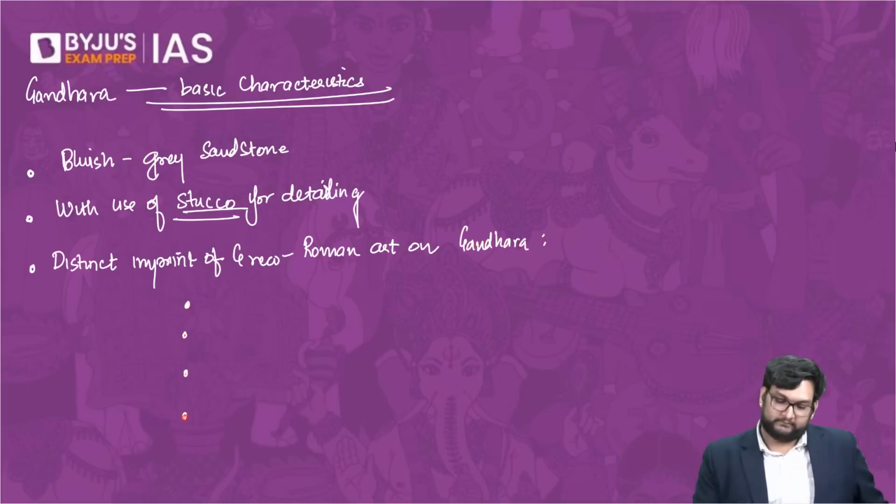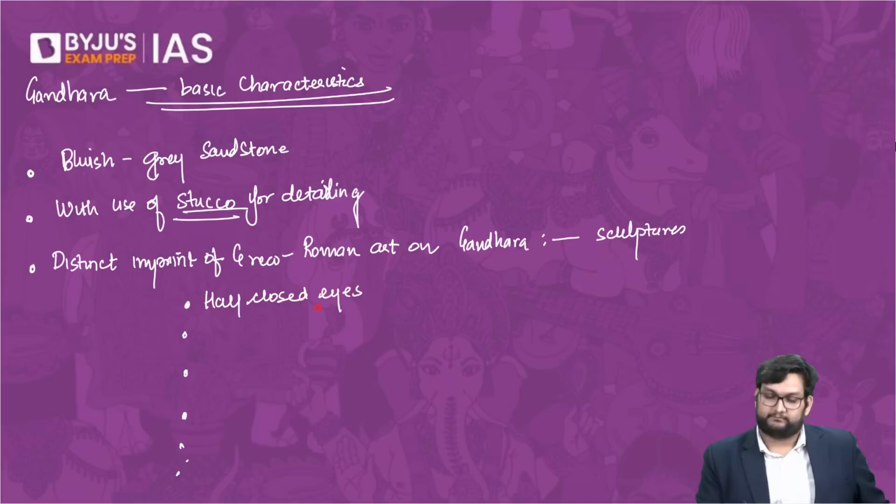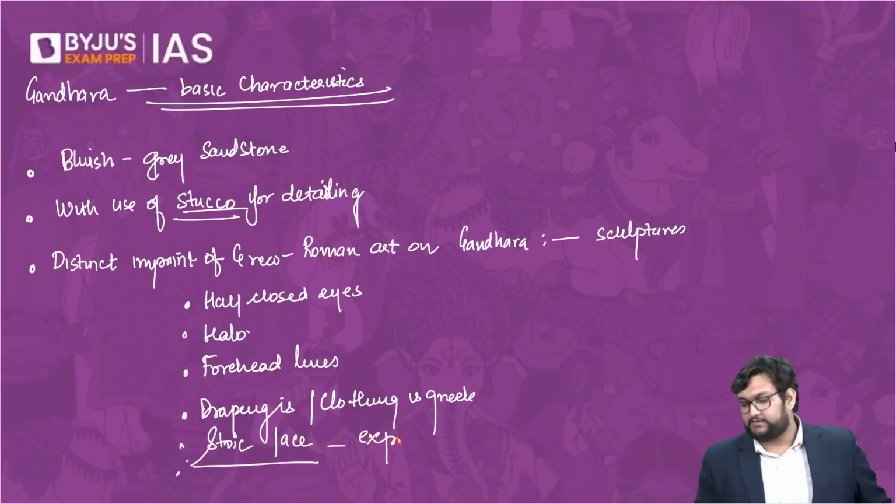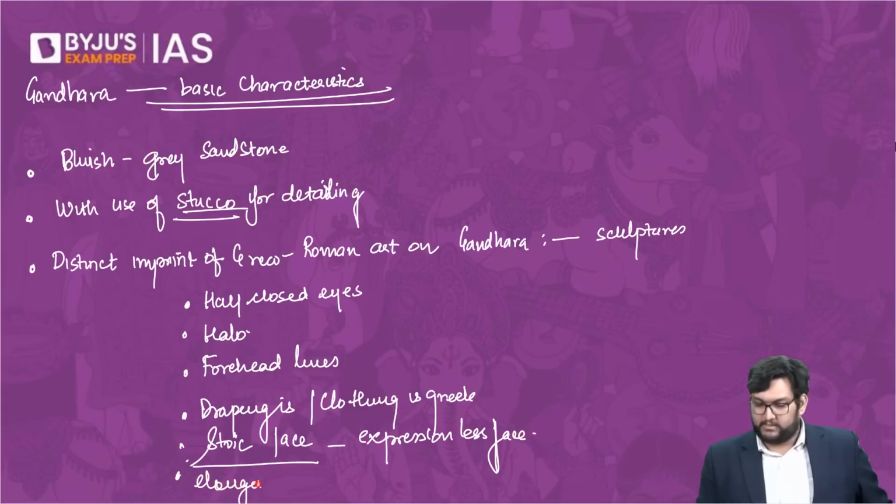In these sculptures, we see half closed eyes, halo, forehead lines, draping or clothing that is Greek, a stoic or expressionless face, and elongated ears and curly hair.